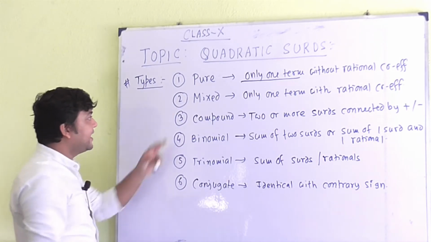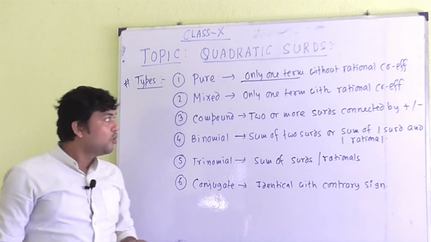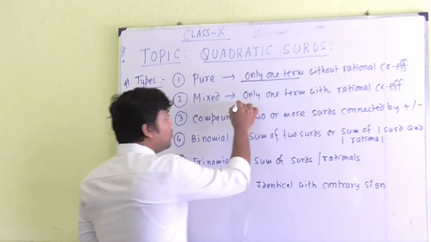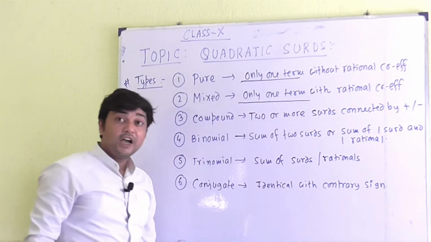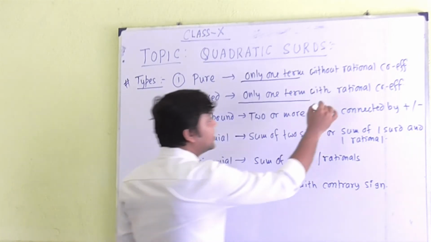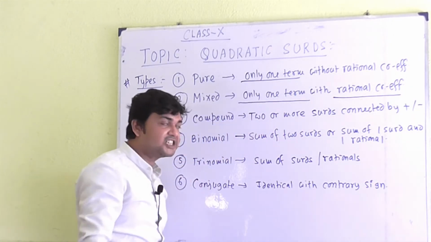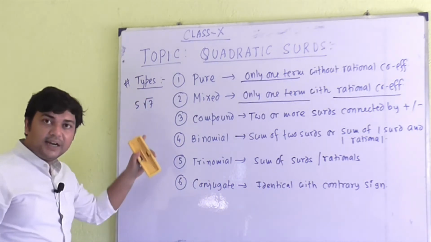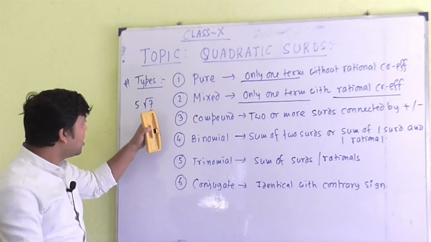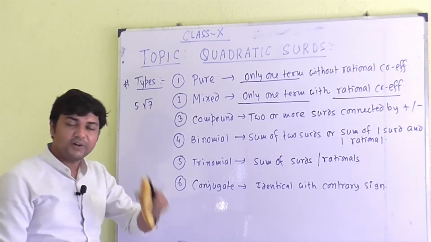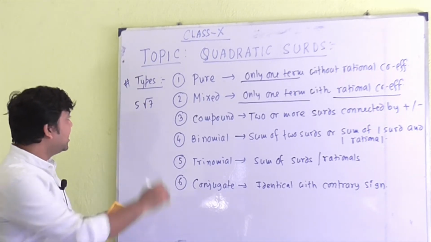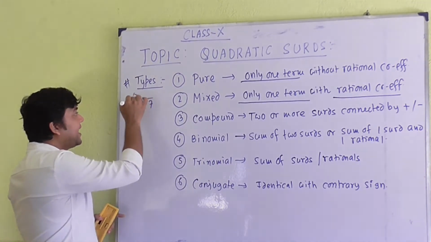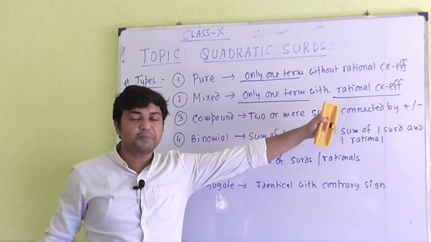Now, next, mixed surd. What does it mean? Here also we can find only one term, but in that case, with a rational coefficient. Here, 5 root 7 is a mixed surd, because only one term, 5 root 7, consists, and moreover, you can find a rational number, that is, a rational coefficient also present here.